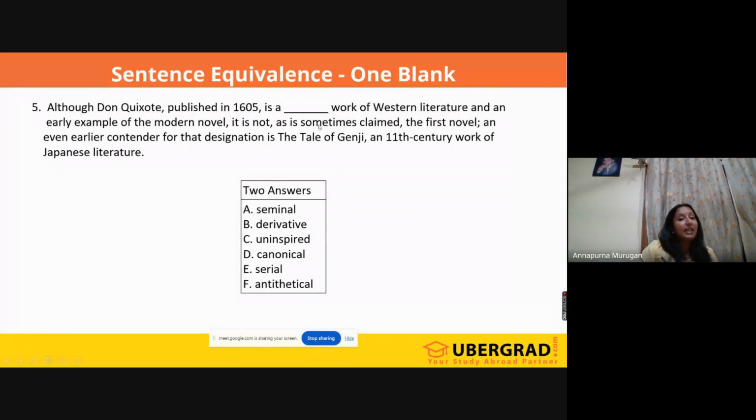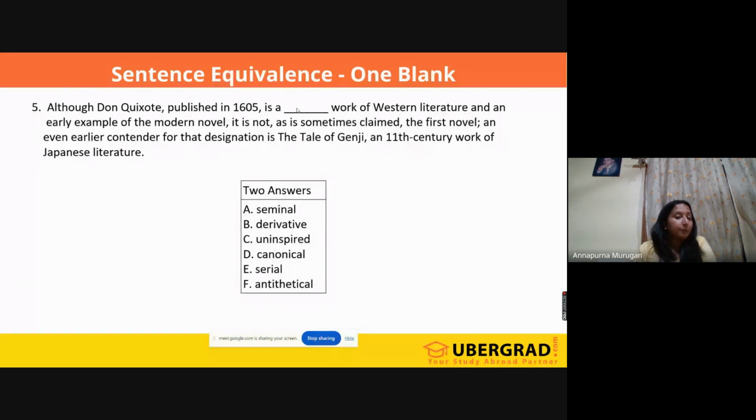That means they are saying that the Tale of Genji is one of the earliest novels, earlier than this Don Quixote. So the word we need to have is important, isn't it? Because it is an important work. Why was it considered one of the earliest novels? So what is the word that can talk about importance here?